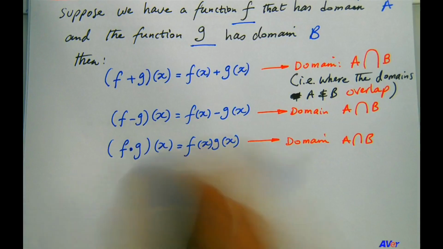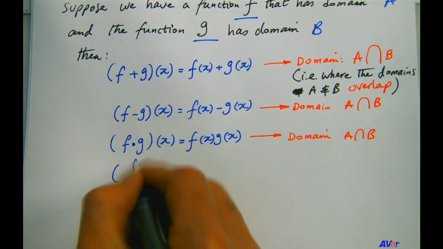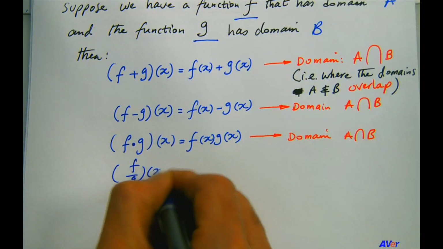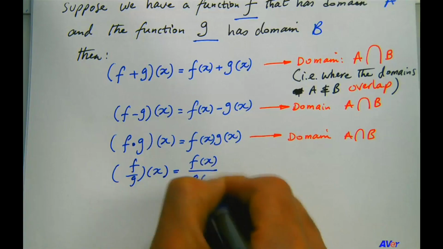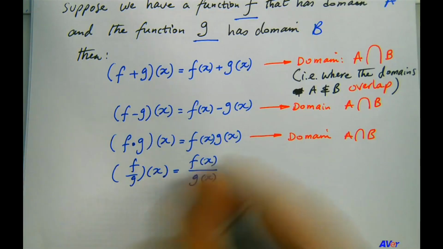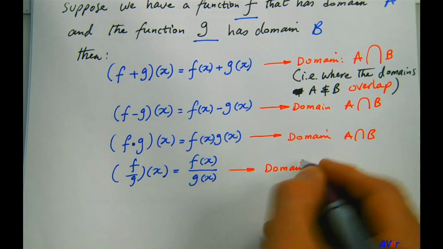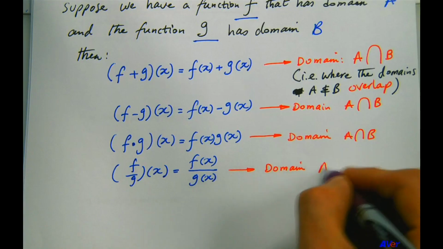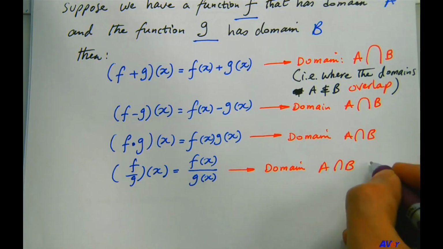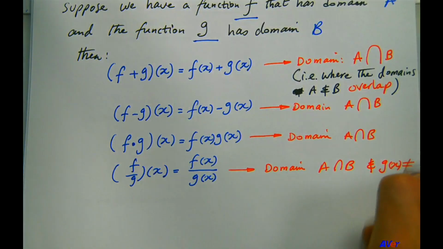When we divide, the domain is A intersection B, and g of x cannot be equal to 0.